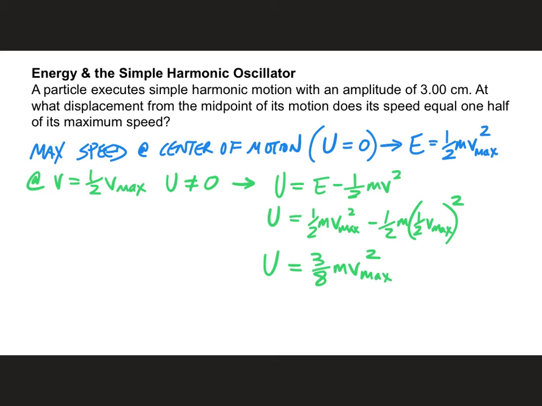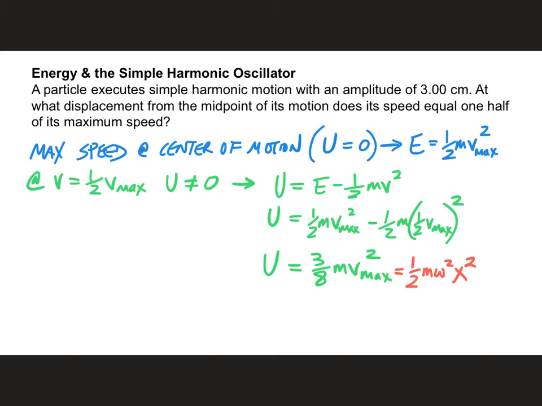But since this is simple harmonic motion, there is a way to understand this in terms of the displacement as though it were a spring. And we have 1/2 m omega squared x squared.